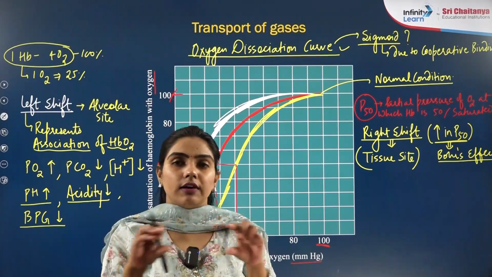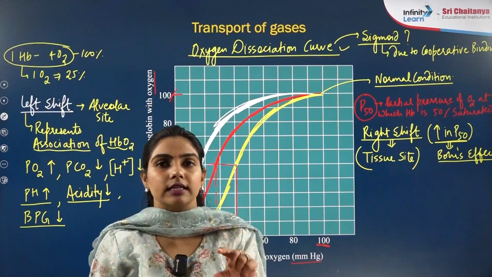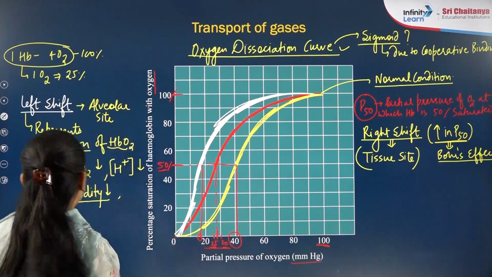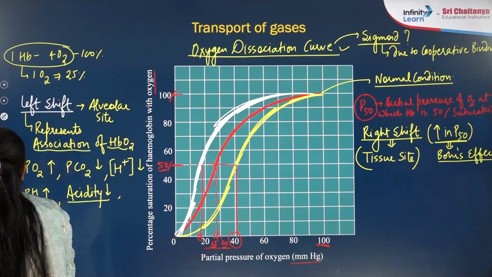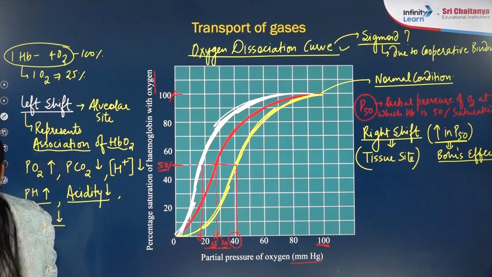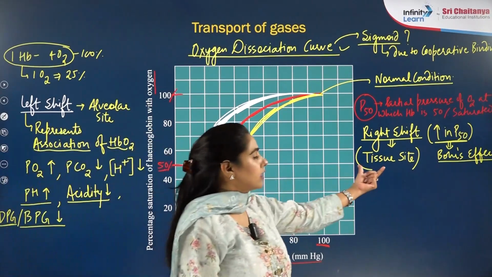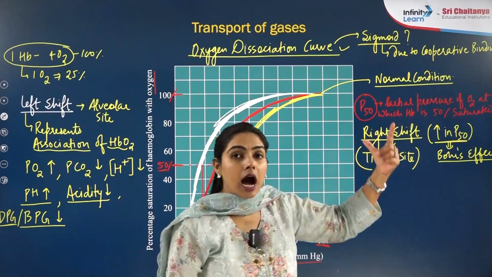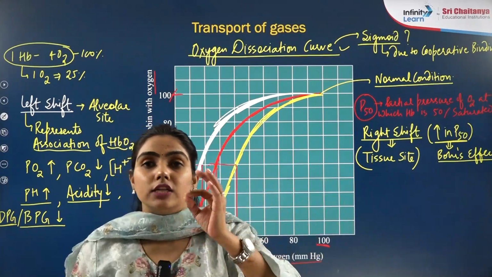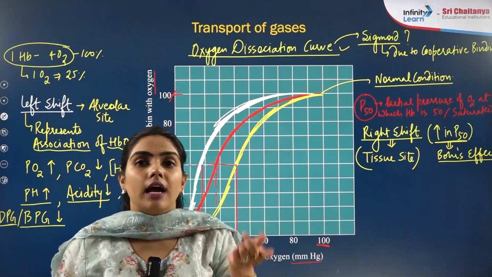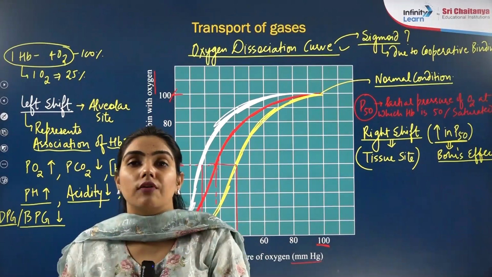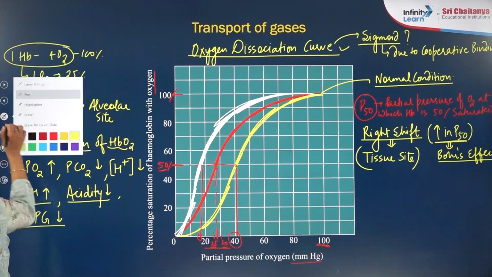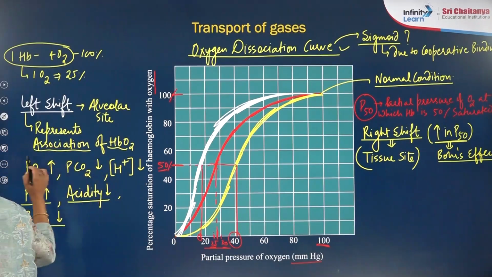And then this compound is getting formed, that is bisphosphoglycerate or diphosphoglycerate, BPG, or it can be called DPG. So obviously, when cellular respiration is occurring at the tissue site, BPG or DPG will be more at the tissue site. How it will favor the dissociation of HbO2 and how it will favor the association of HbCO2, that I will explain you. So these are the factors which are responsible for the left shift.